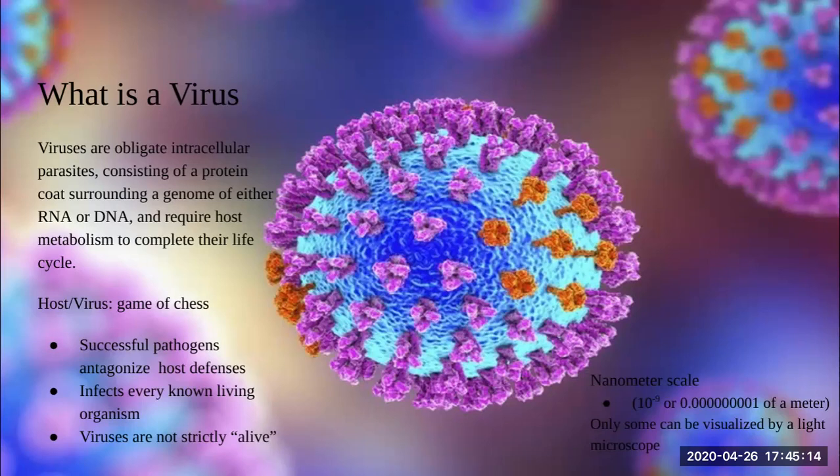And so all successful pathogens have to find some way to antagonize those host defenses. The host evolves some defense, and if it's a successful pathogen, it will evolve a way around it, or an antagonistic mechanism to get rid of that defense. And it's a back and forth.